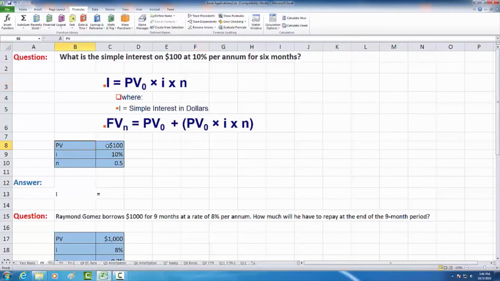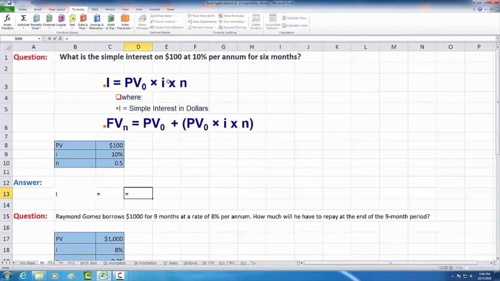So let's form a table here, which gives us the present value is $100, interest is 10%, and n is 0.5. So how to calculate the interest? You need to use the formula, write the equal sign, and multiply all of these numbers.